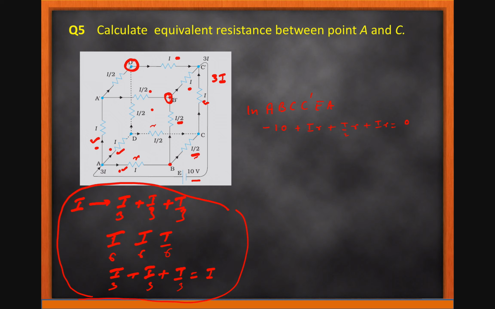So 1 plus 1, 2, 2 plus half, 2.5. So 5 by 2 IR is equal to 10.